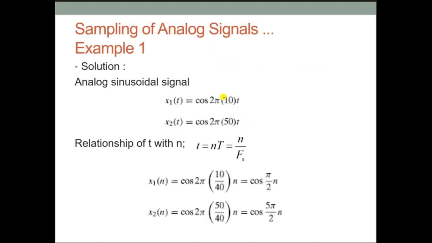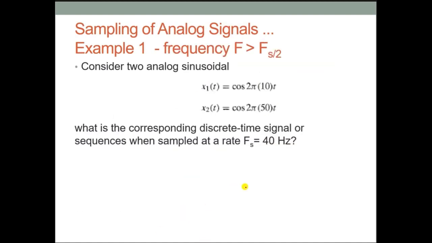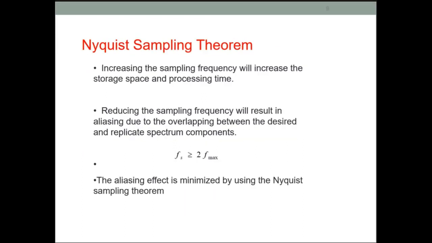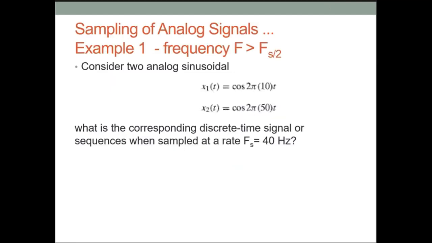So if we go back to the Nyquist theorem, it wants you to sample at 2 f max. So here you have f1 equals 10 Hertz, f2 equals 50 Hertz. You are sampling these two frequencies with the same sampling frequency.